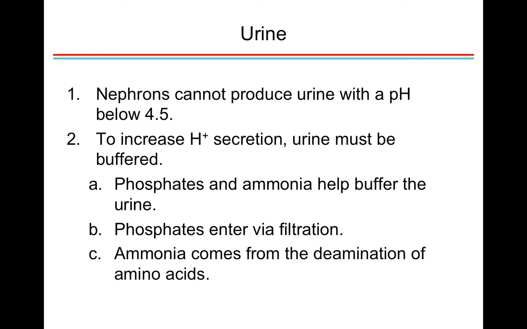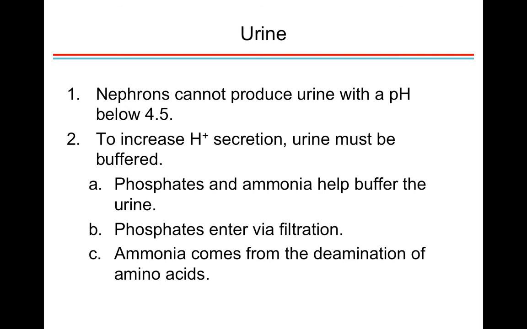The nephrons cannot produce urine with a pH below 4.5, and to increase hydrogen ion secretion, urine has to be buffered. The buffers I just showed you were the phosphates and the ammonia. They help to buffer urine, and this is important because we don't want the cells carrying the urine out of the body, or the bladder, to be damaged by the low pH.